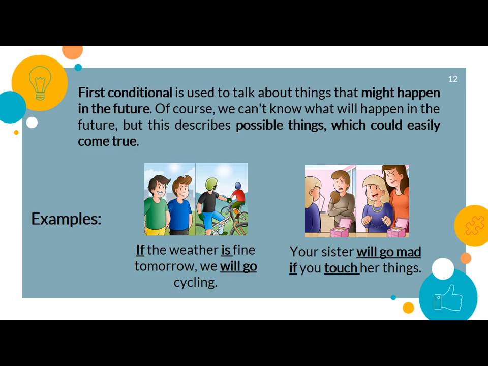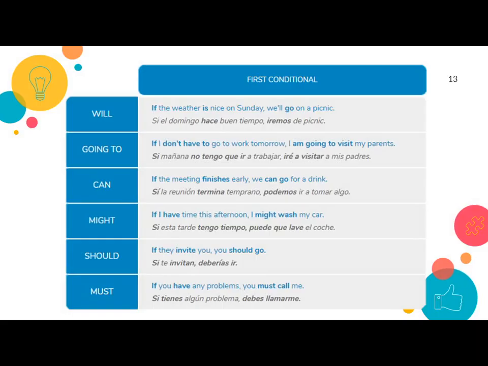Okay? So this is, again, the first conditional. We're talking about some activities in the present with a possible result in the future. And as I was telling you, there are some words in Spanish right here, but let's focus first on the ones we're going to have in English.